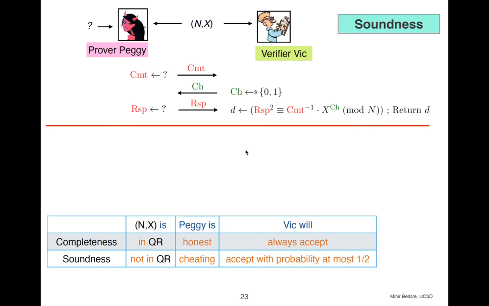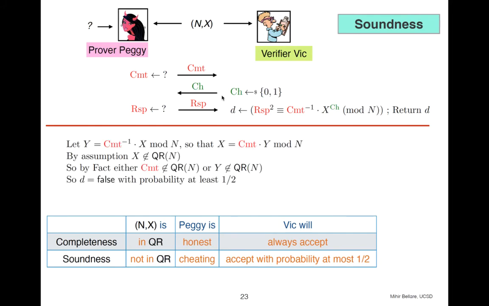Our argument is that no matter what she sends here and here, the fact that this is random means that only half the time will she succeed in making the equation true. And that needs a little bit of argument. So for notational sake, let's define big Y to be commit inverse times X, so that big X can be thought of as commit times Y, as per our previous splitting intuition.